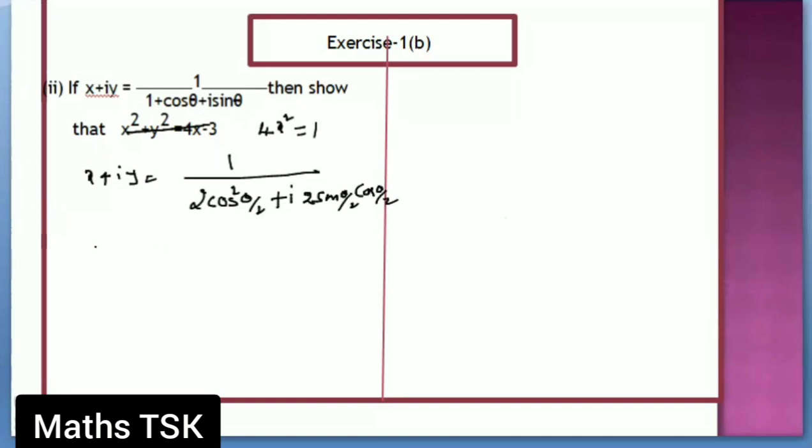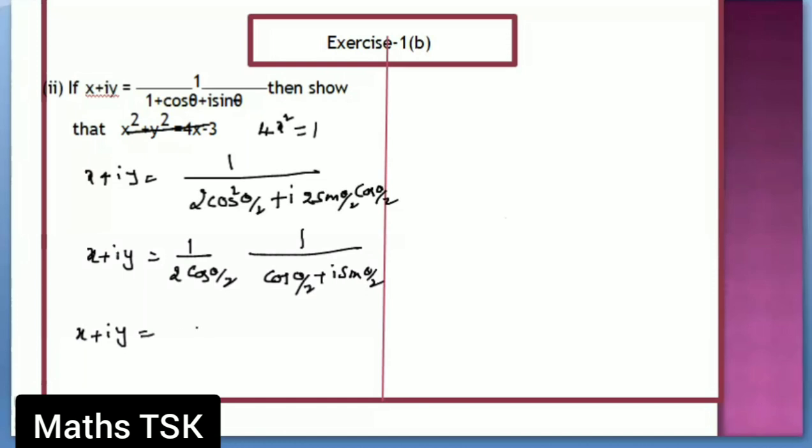Okay. So take 2 cos theta by 2 common. x plus iy is equal to 1 by 2 cos theta by 2 common. Remaining is 1 by (cos theta by 2 plus i sin theta by 2). So x plus iy can be written as 1 by 2 cos theta by 2 into 1 by (cos theta by 2 plus i sin theta by 2), which becomes cos theta by 2 minus i sin theta by 2.